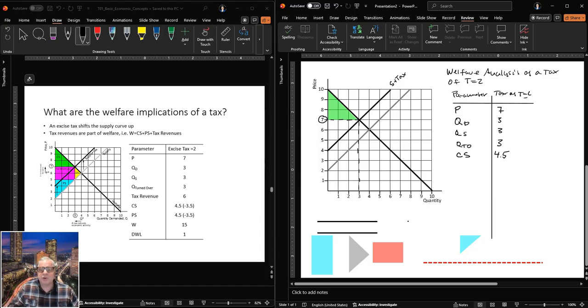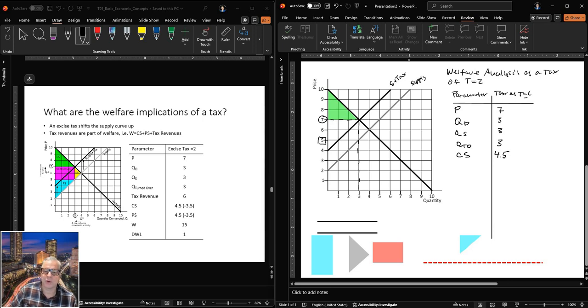So how much do the producers get? Well, at the cashier you pay 7, but then the cashier has to give 2 to the government. That means the net price that the producers get is only 5. So this 5 is the net price that the producers get. So that means the producer surplus is everything above the true supply function, and of course the true supply function is still this one.